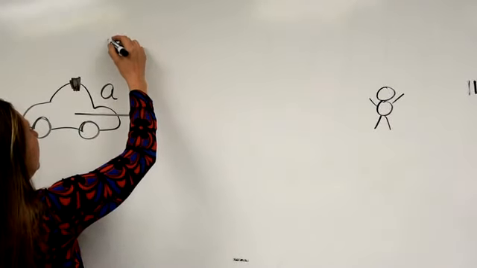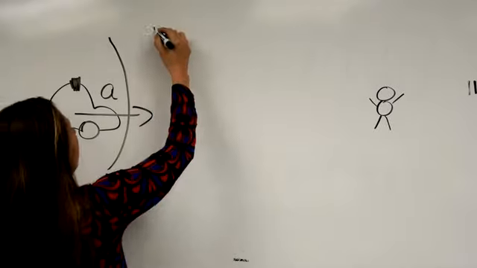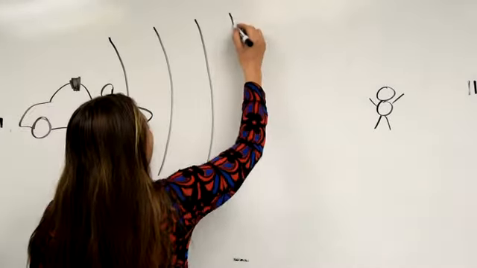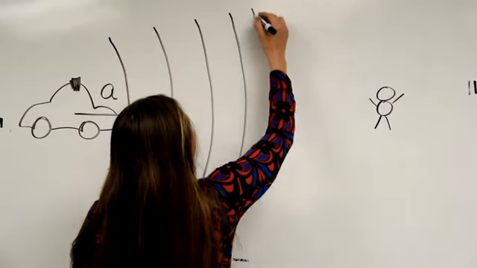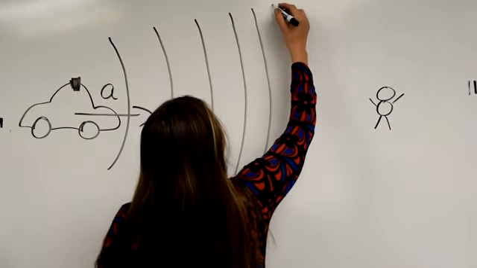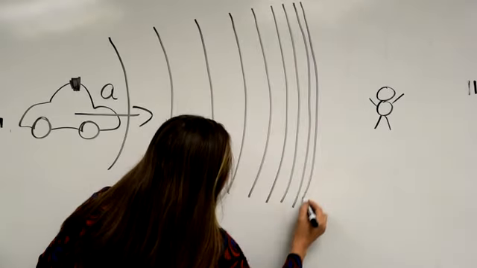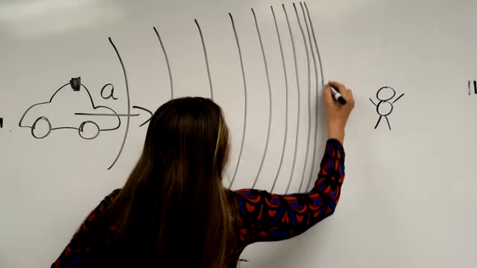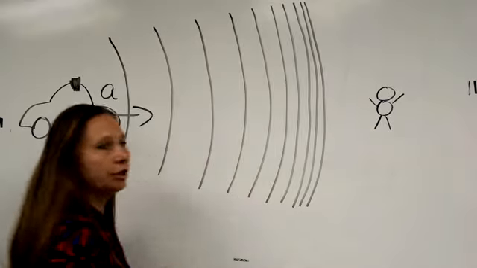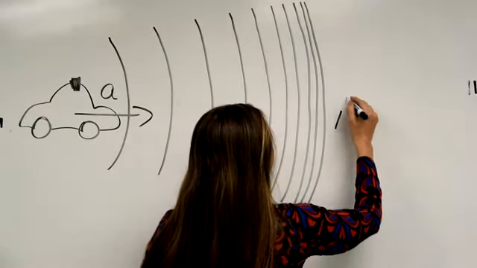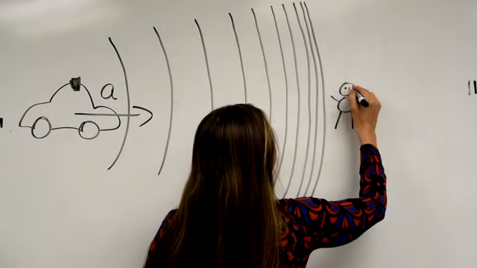So in the beginning, it's going to be closer together, but as it speeds up, it's going to get closer and closer and closer and closer. So you see what's happening to the pitch of the sound. All right, let's move the little guy. Let's just put him over here so he's a little closer.